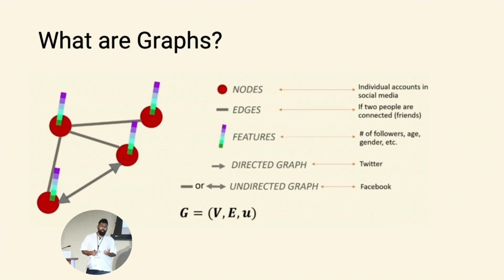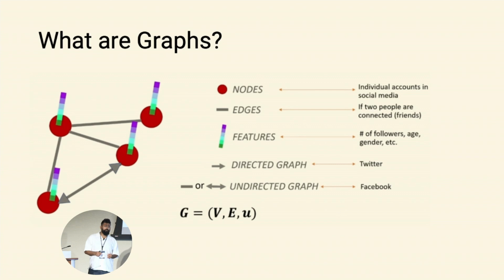Graphs essentially represent entities and their relationships, and that's pretty much it. In graph theory nomenclature, you'd call the entities nodes, and the edges are what represent the relationships between those entities.